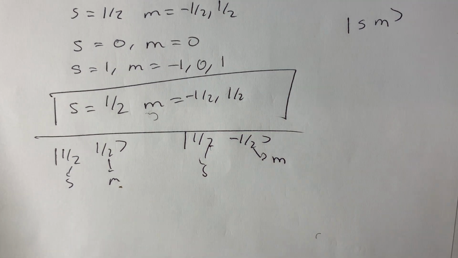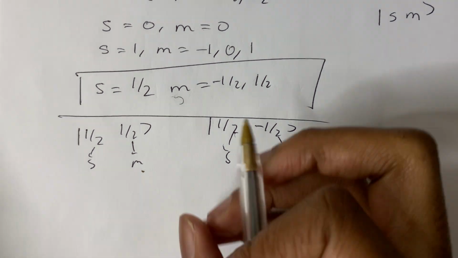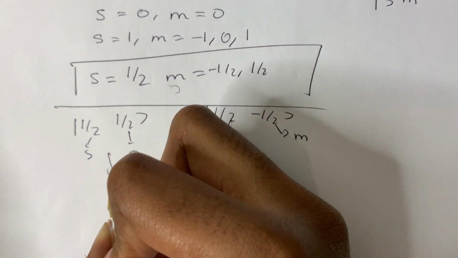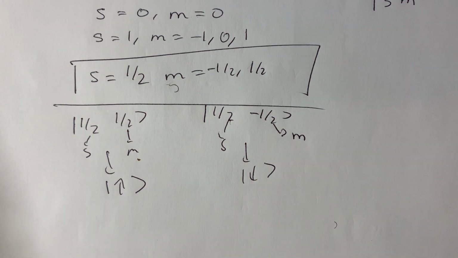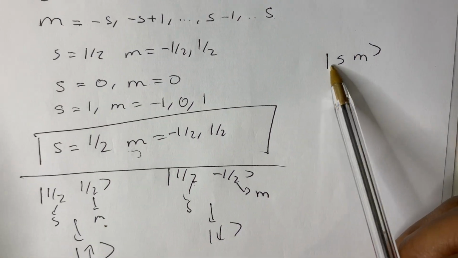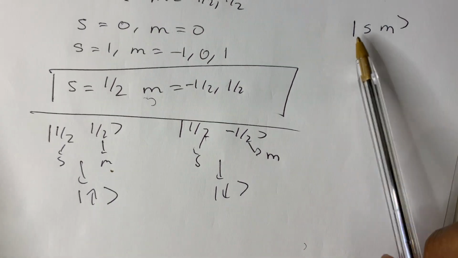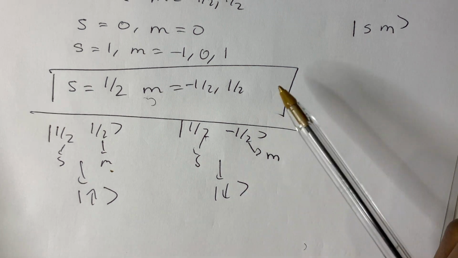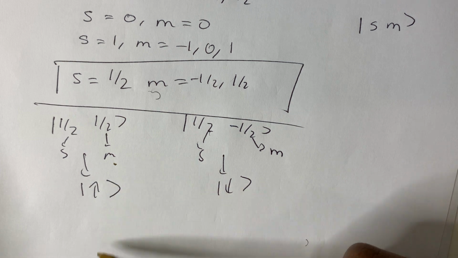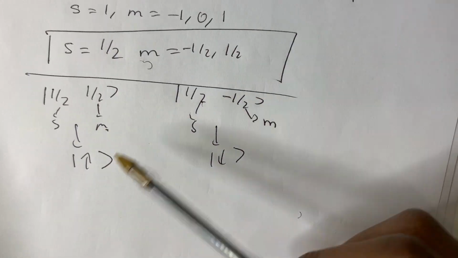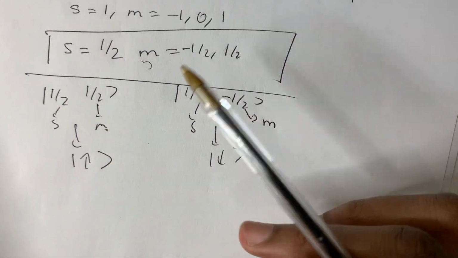Okay, and now this is kind of where it all comes together. We call this spin up, and we call this spin down. So if you were wondering, what does s m mean? Well, s m is pretty much just the spin state. It tells us spin up, it tells us spin down. Taking a superposition of these can give us general spinors.